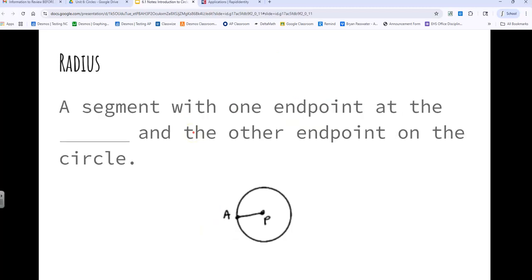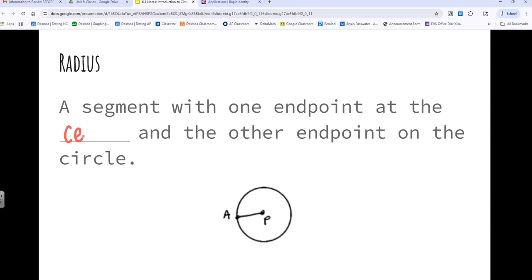So the radius is a segment with one endpoint at the blank and the other endpoint on the circle. What word do you think goes here? A segment with one endpoint at the blank. Oh, Samara's got it back here.